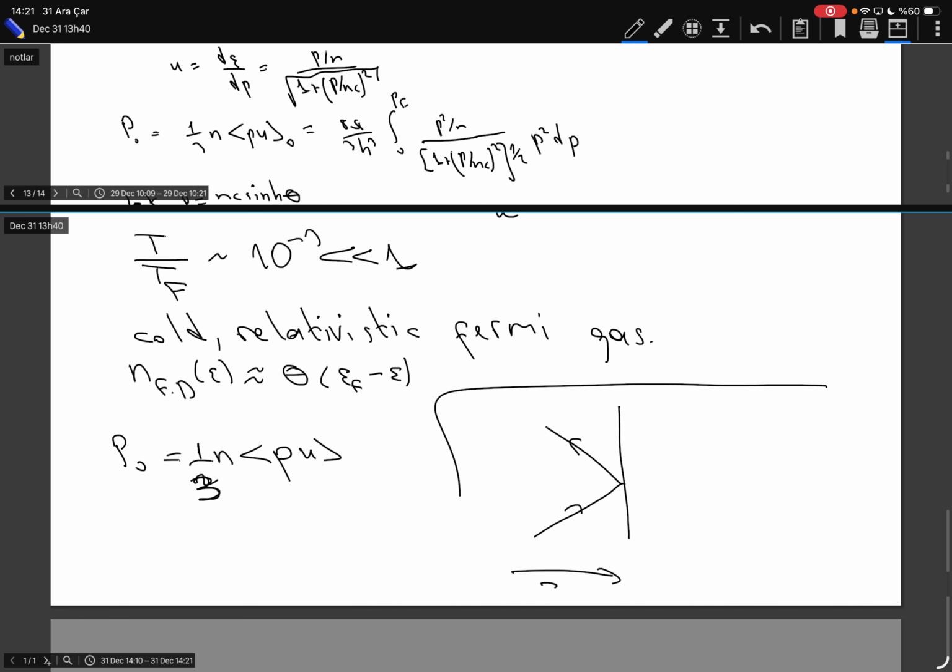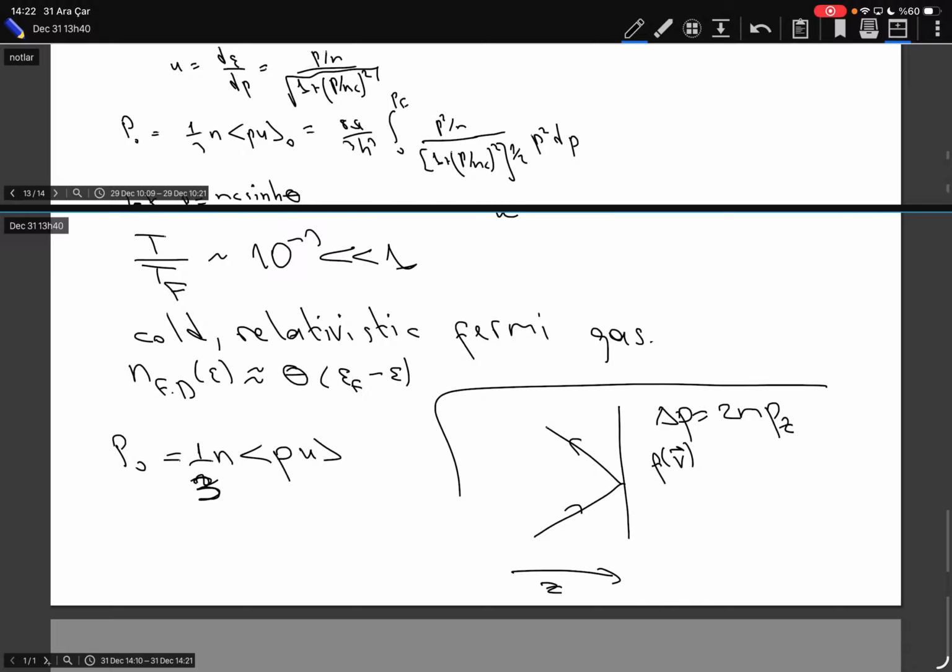If this was the z direction, the amount of momentum transferred by this particle, delta p, was 2 m v_z. And then we said that n of v, or f of v, is the velocity distribution, whatever distribution we have.